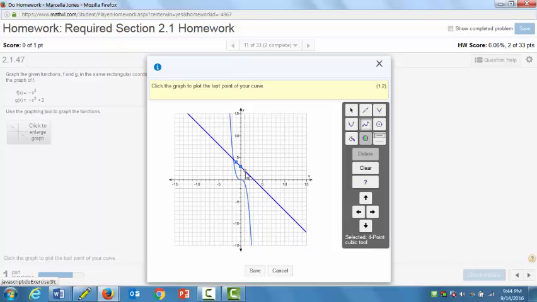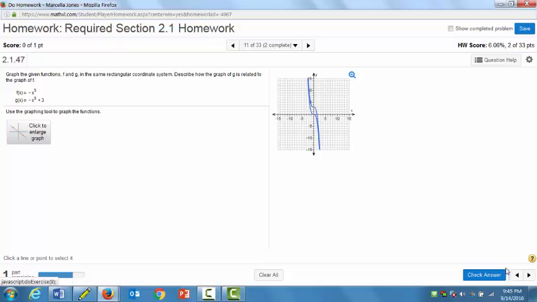And this is a 4-point cubic, so I need to do one more point. I'm going to go to that 2, negative 8. And I'm going to move 1, 2, 3 units up and click. Save. So those are the two functions. Check my answer.